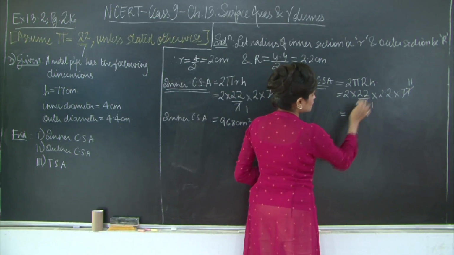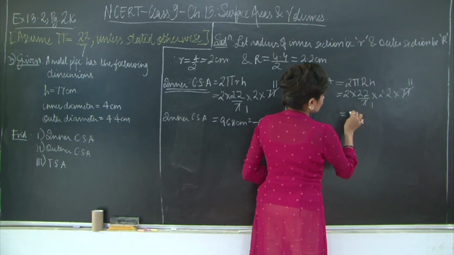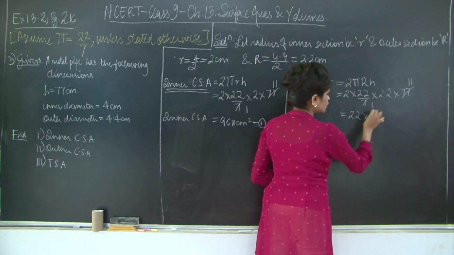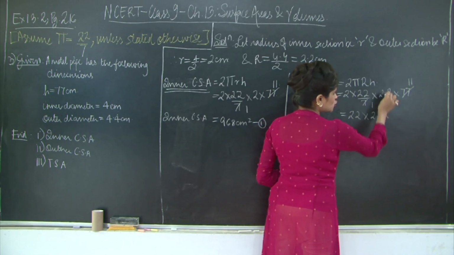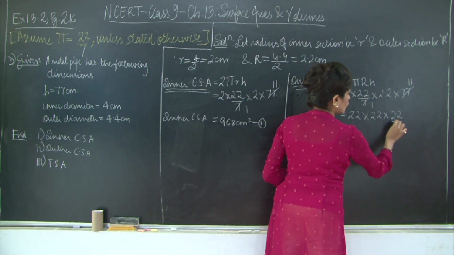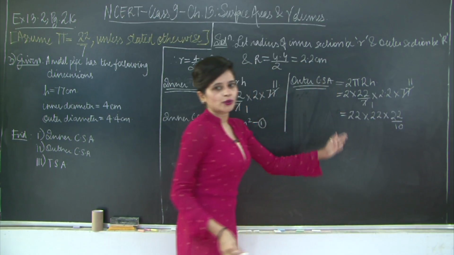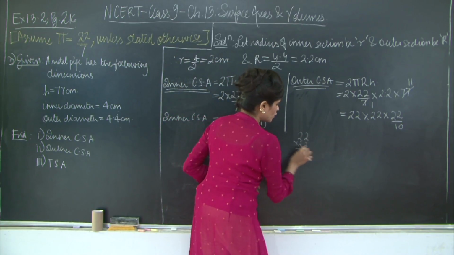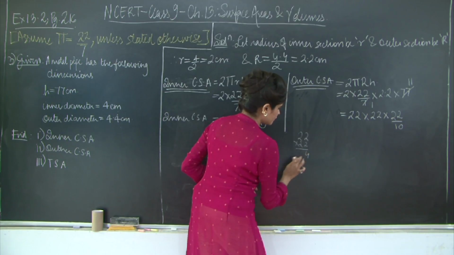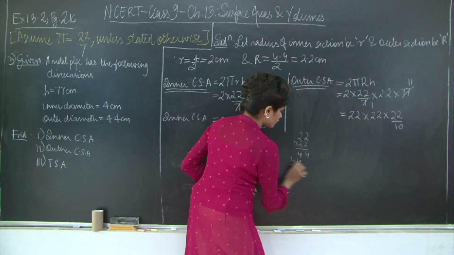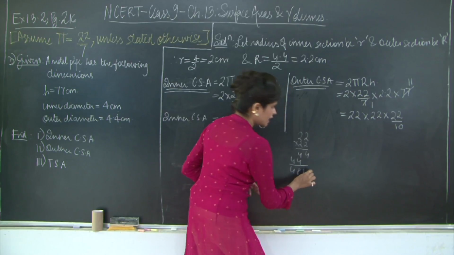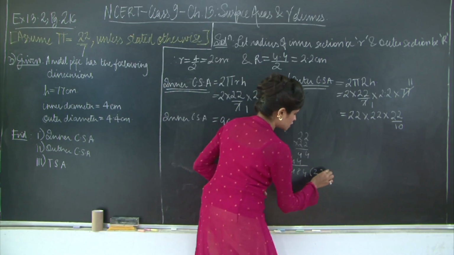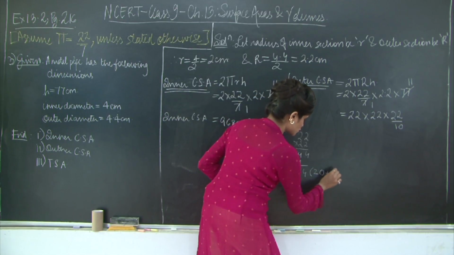2 11s are 22. I'm multiplying 2 with 11. Then 22 here, and 2.2 can be written as 22 upon 10. So 22 into 22 into 22. 22 into 22 will be 484, and then again we need to multiply it with 22. 22 can be written as 20 plus 2.